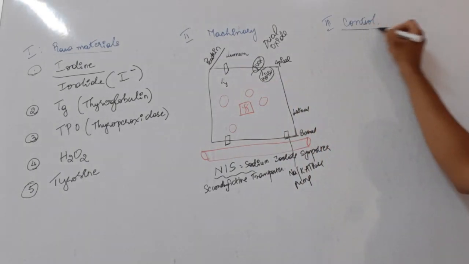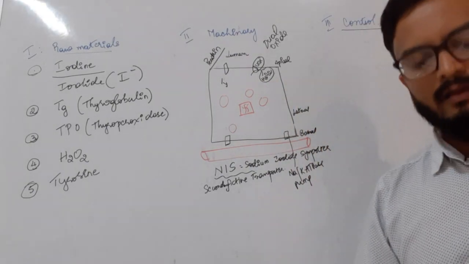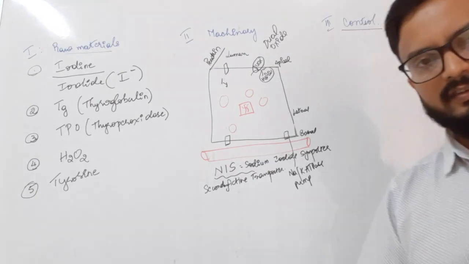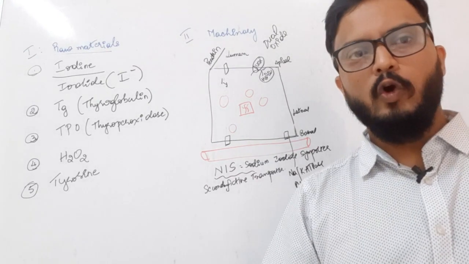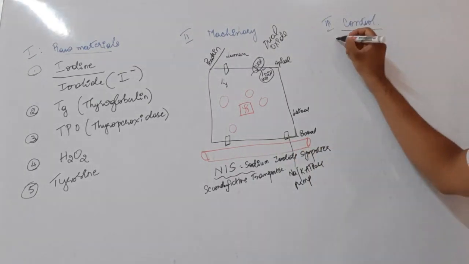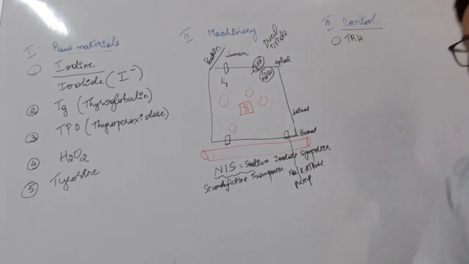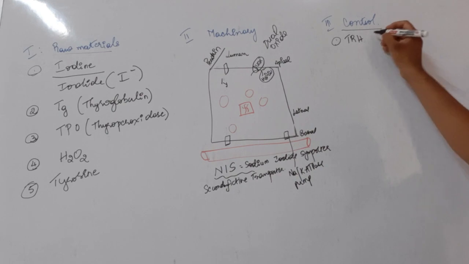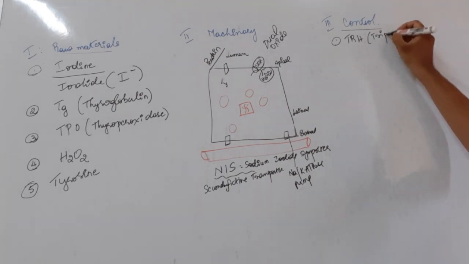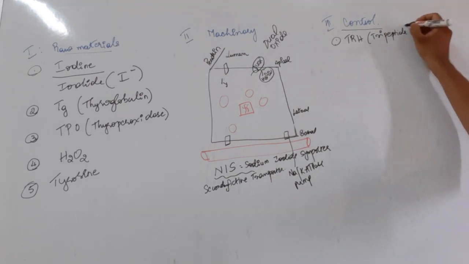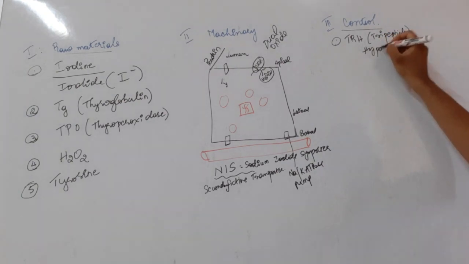Coming to the controlling system, the thyroid hormone production is controlled by number 1, TRH, thyrotropin releasing hormone, which is a tripeptide produced from the hypothalamus.